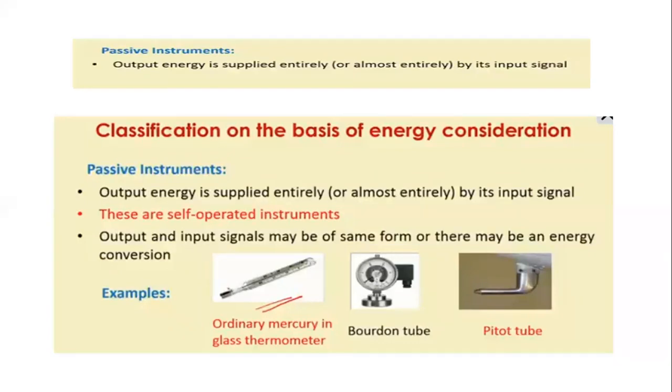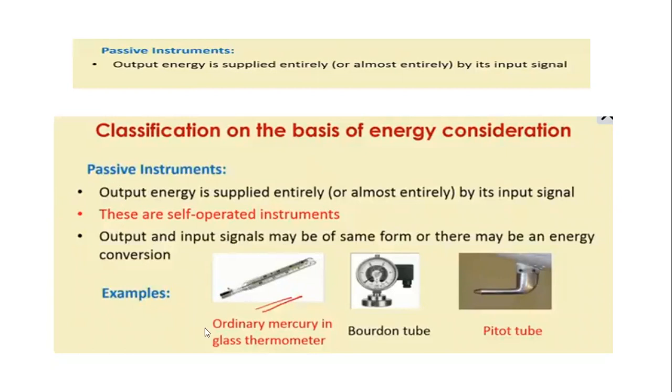So active element, passive element എന്നൊക്കെ നമ്മൾ ബേസിക് ഇലക്ട്രിക്കലിൽ പഠിച്ചിട്ടുണ്ട്. An active element means that it has a source of energy. A passive element means that it has no source of energy. അപ്പോൾ if we are providing a source of energy to the device, then it is an active instrument. If we are not providing a source of energy to work, then it is known as a passive instrument.